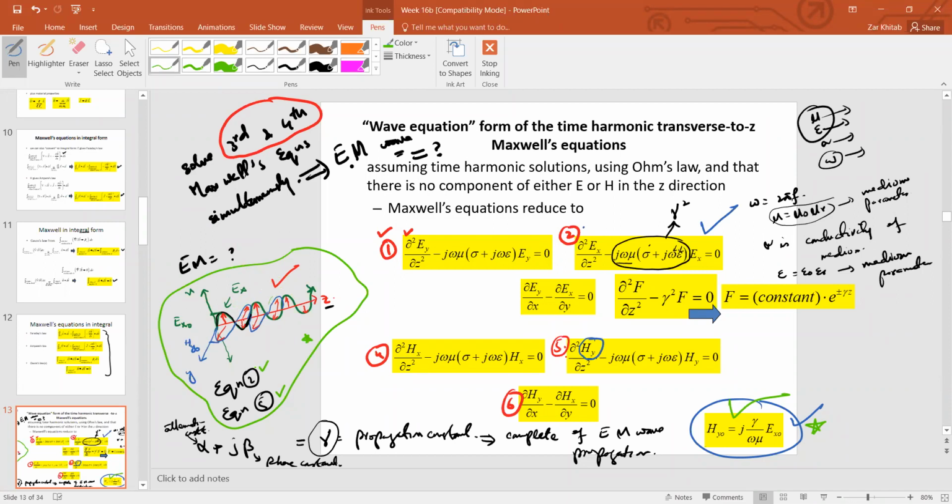Okay, if I know equation 2, I can find 5. If I know 5, I can find out the other one.